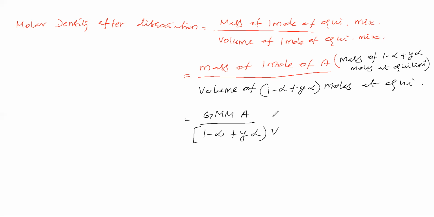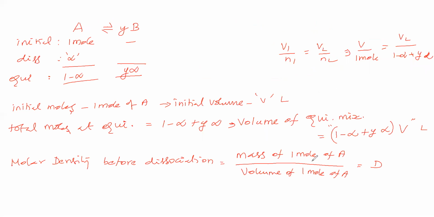This is equal to the molar density after dissociation. So we got the molar density after dissociation. Now capital D is called the molar density before dissociation, and small d is called the molar density after dissociation. Capital D is the mass of 1 mole of A by the volume of 1 mole of A. The mass of 1 mole of A is the gram molecular mass of A, and the volume of 1 mole of A is given here as V liter.